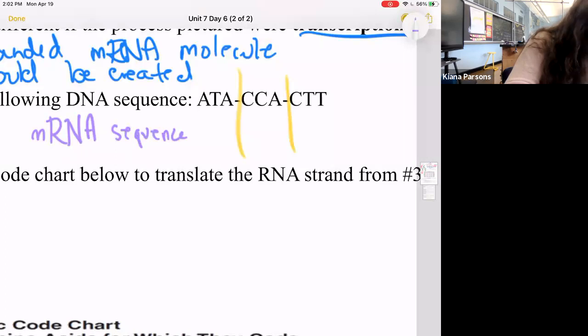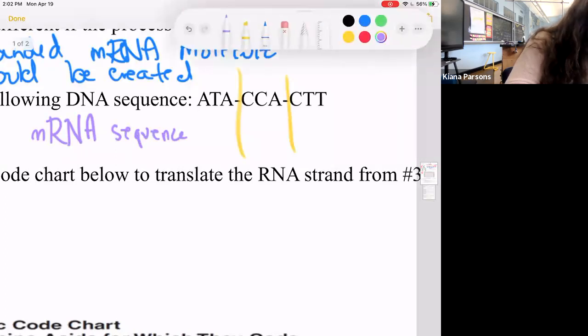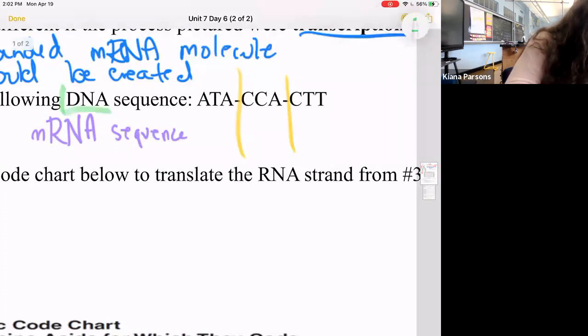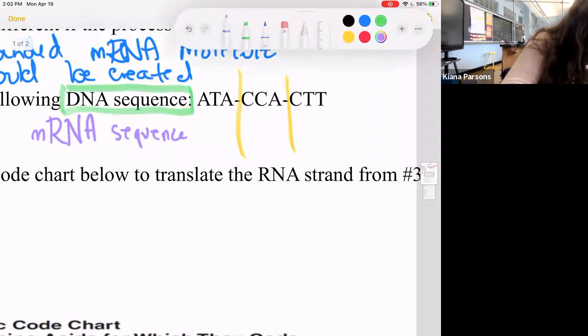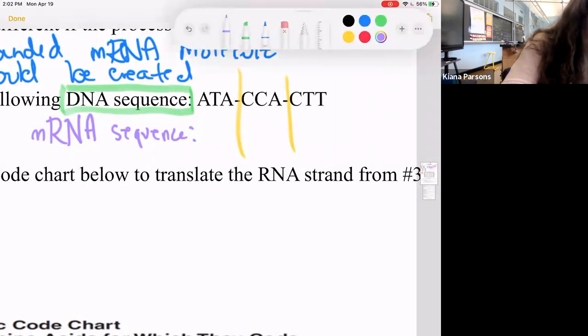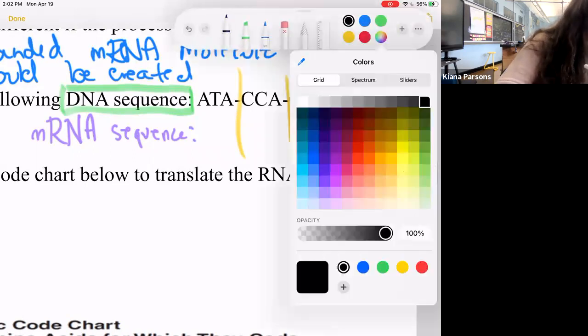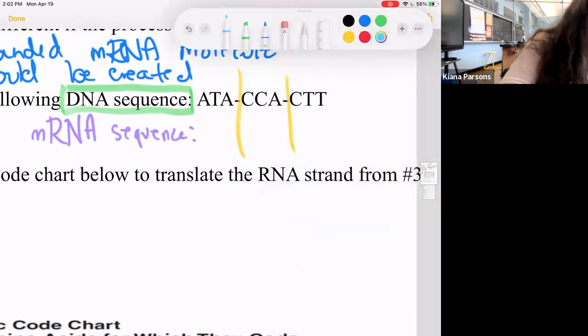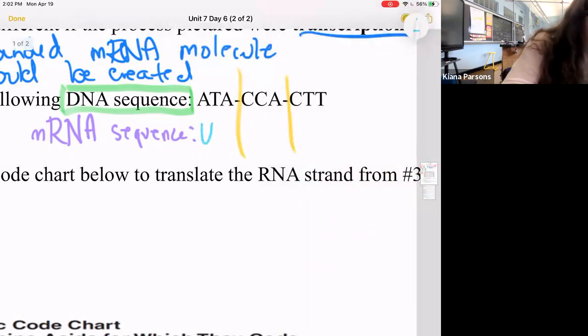Right, we start with the DNA sequence, and now the mRNA sequence. Going crazy with the colors here. U, A, U, G, G, U, G, A, A.